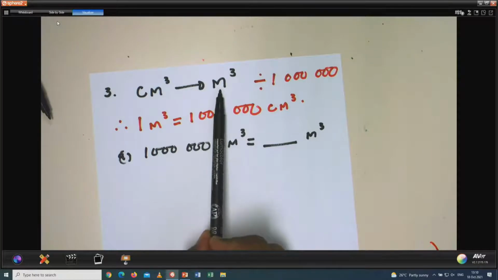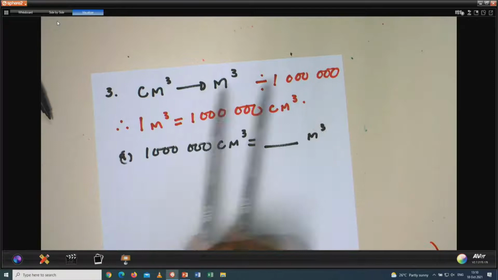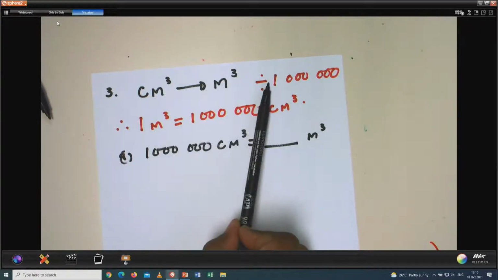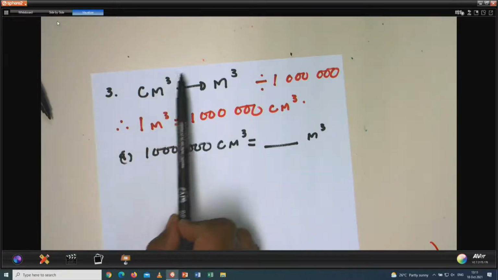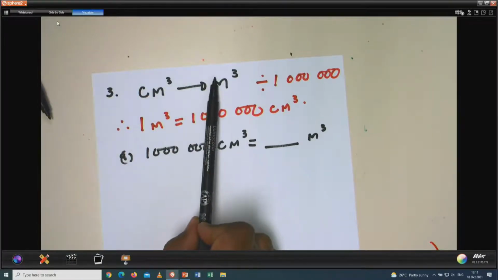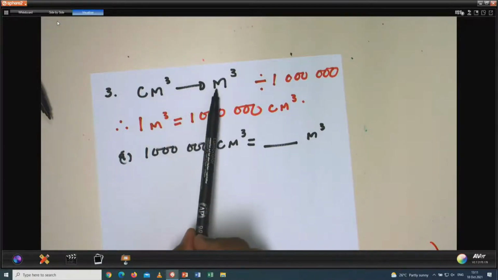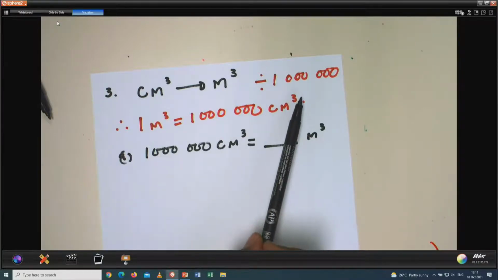Now here the question is, we must convert cubic centimeters to cubic meters. What is the hint? We divide by what? By 1 million. If it is a small one to a bigger one, we divide. If it was cubic meter to cubic centimeter, the bigger one to the small one, we multiply by 1000. Good.